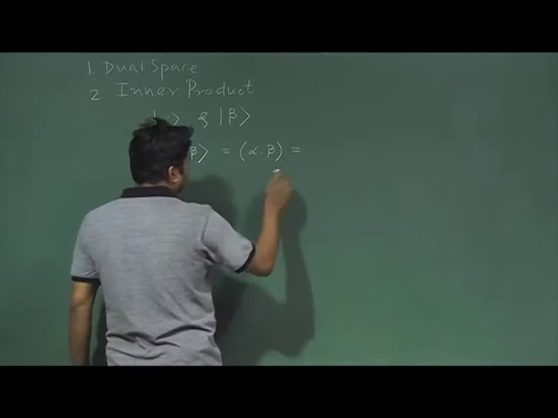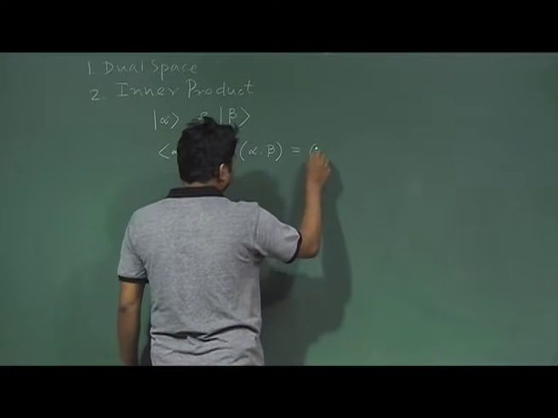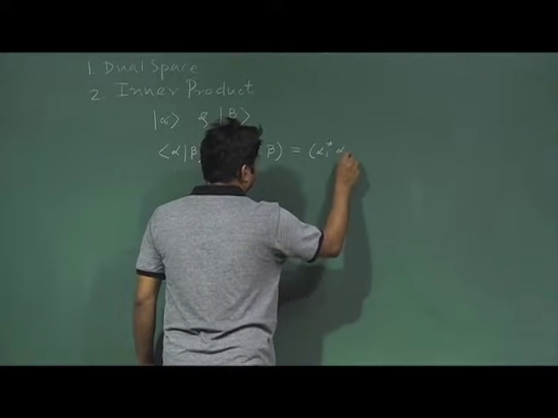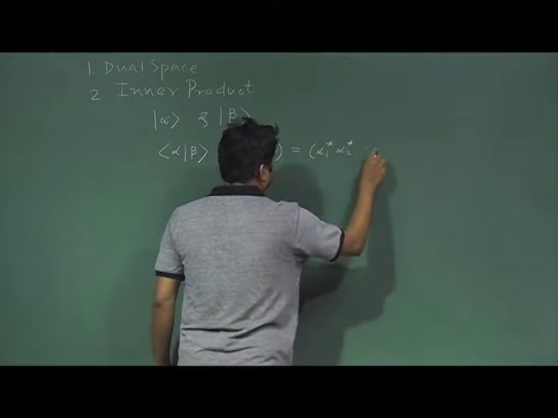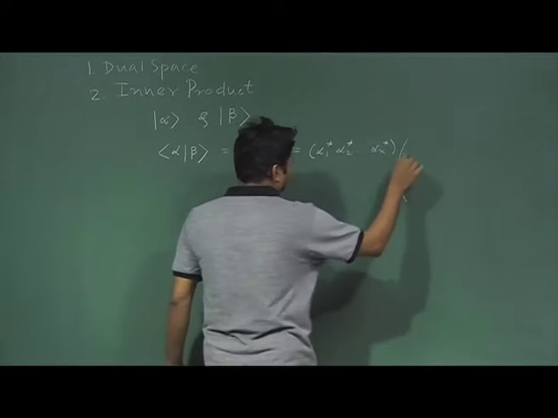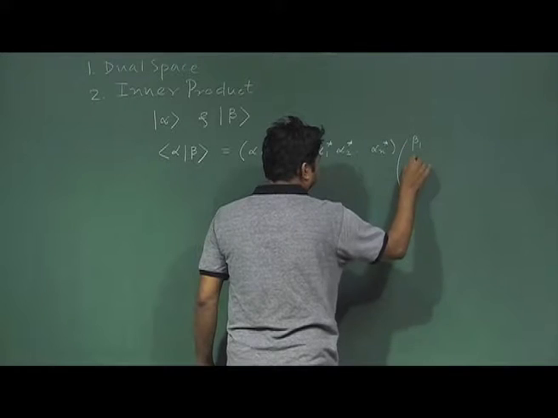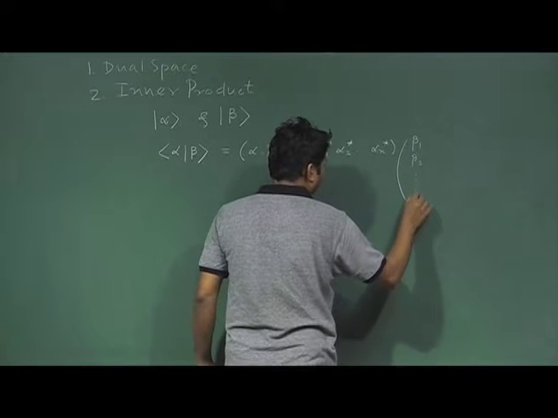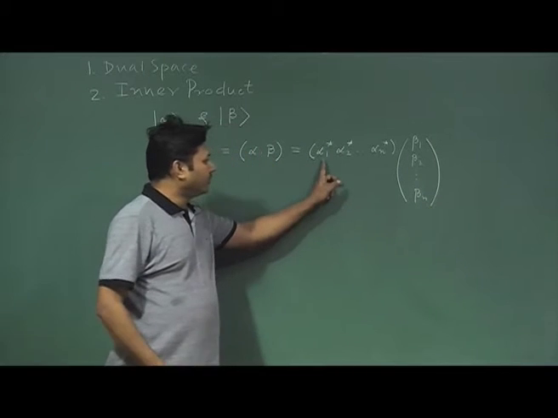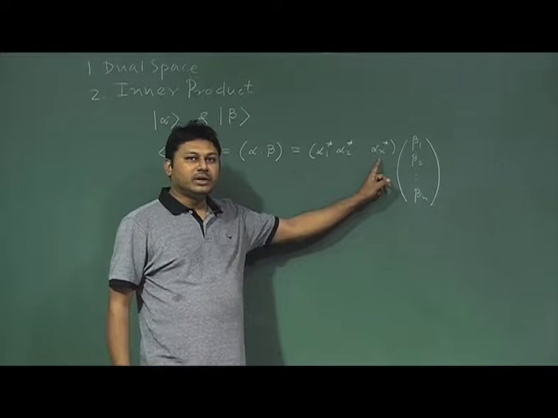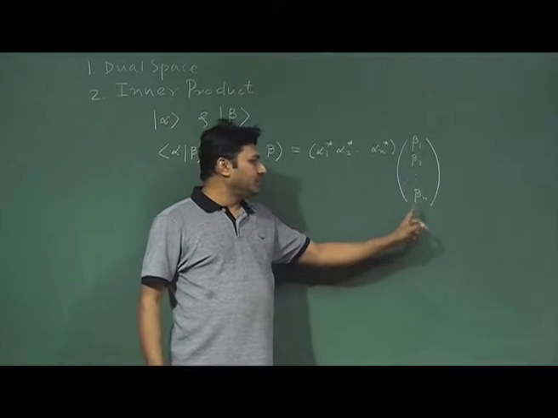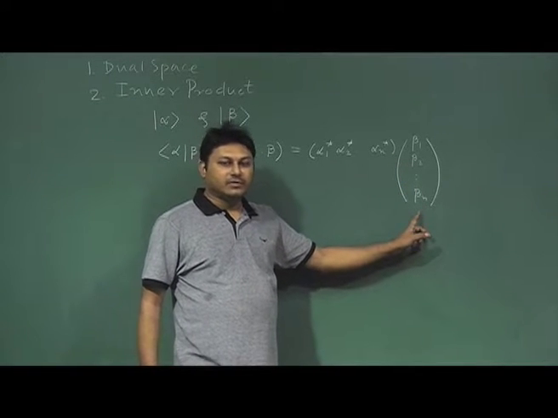This can be represented in tuple notation also, where I can write alpha 1, alpha 2, ... alpha n, and beta 1, beta 2, ... beta n, where alpha 1, alpha 2, ... alpha n are the components of the vector alpha, and beta 1, beta 2, ... beta n are the components of the vector beta.